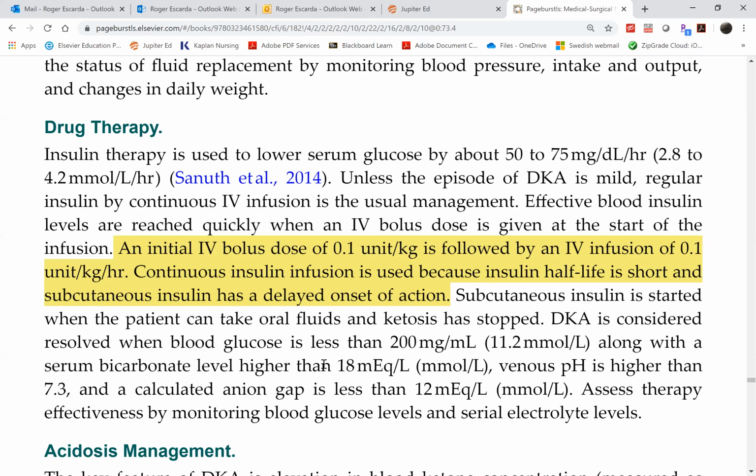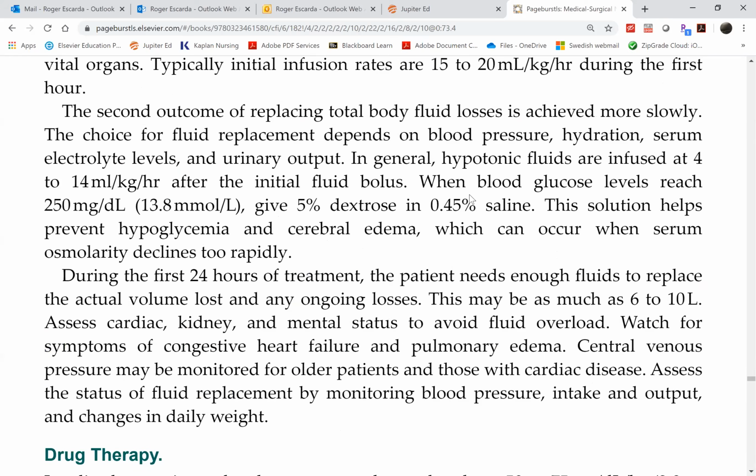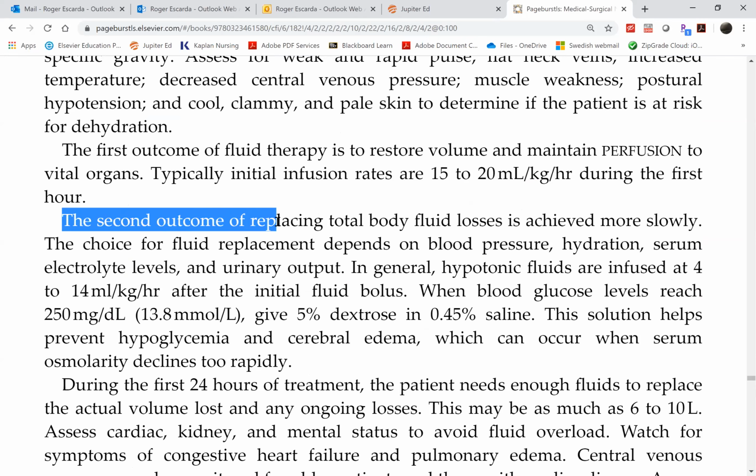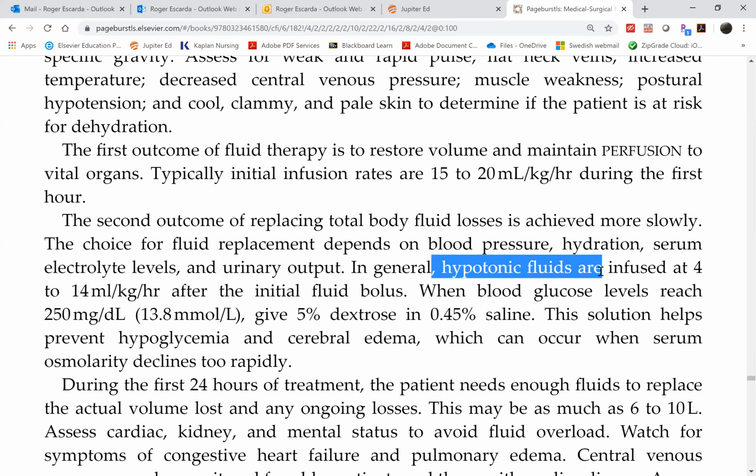Which is good. On the next hour, are we continuing with the normal saline? No, this is finished. So now we are on the second bag, which is now on hypotonic solutions. So when you hang this half normal saline, what will be added to that bag? Isn't it glucagon?